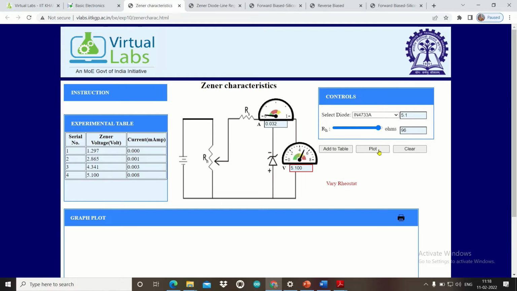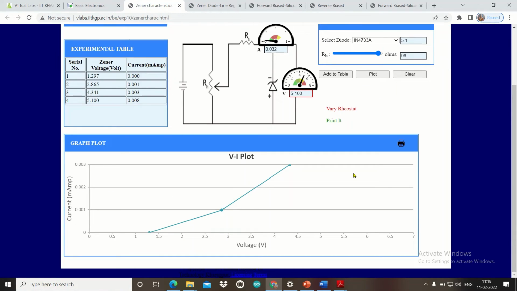So we have added it to the table and we will plot. You can see here that this is the voltage across, this is the voltage in the x-axis, and this is the current here.